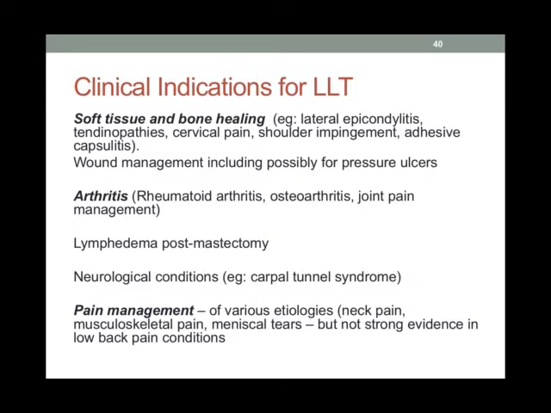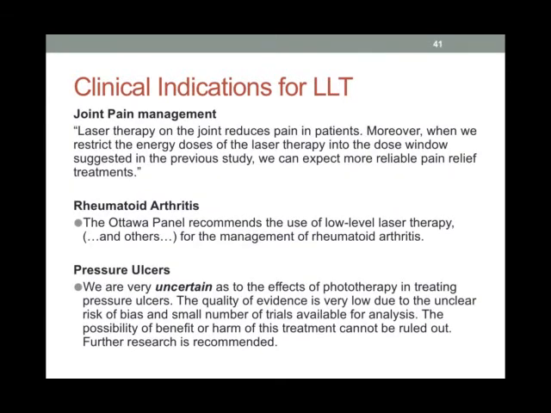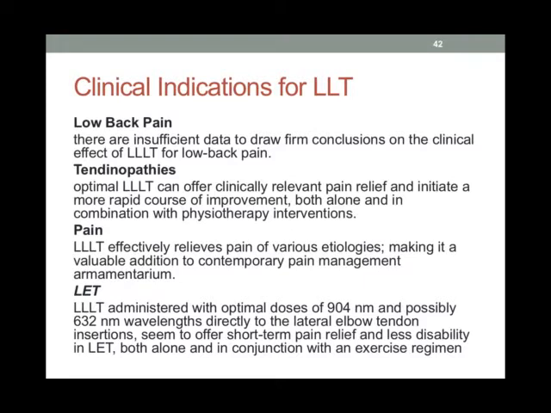It can be used for meniscal tears, although there's not terribly strong evidence for that. Here there are some quotes from the literature about joint pain, rheumatoid arthritis, pressure ulcers. You do have the references for those at the end of the PowerPoint presentation.